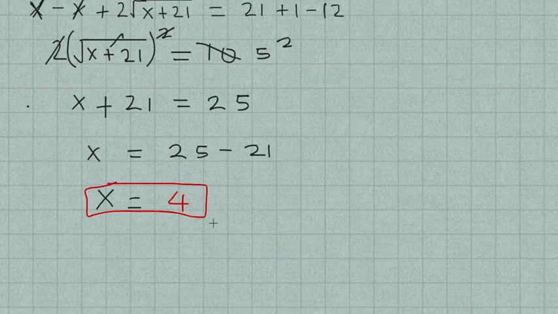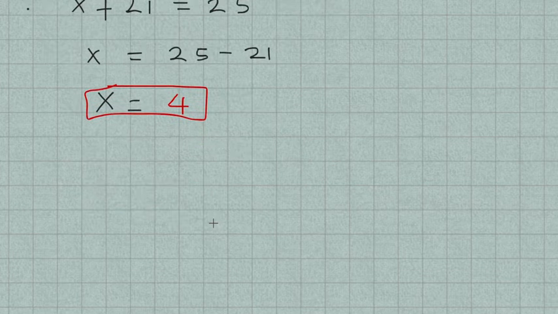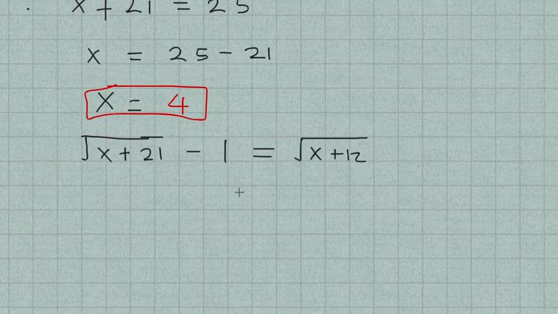Now let's check. The original question says, if x is equal to 4, let's put the value of x in this question. So if x is equal to 4, then we have the square root of 4, because we know that x is equal to 4, right?